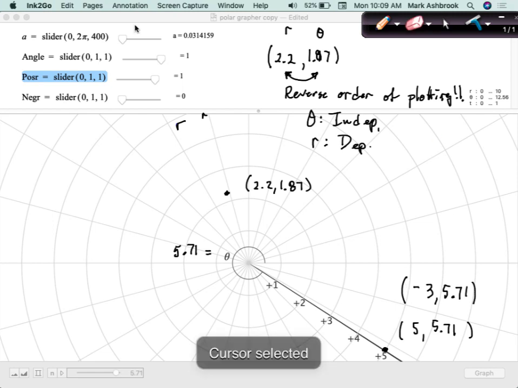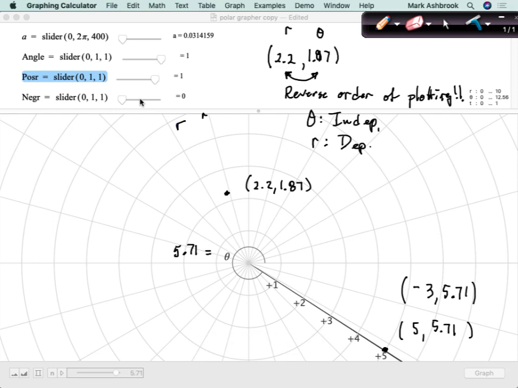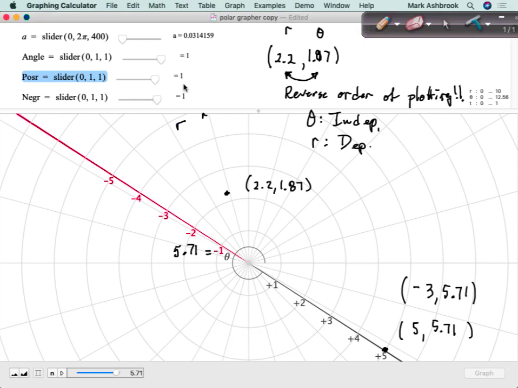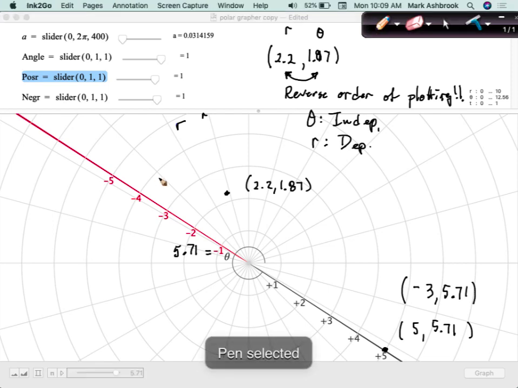Negative r would be, just like negative x is in the opposite direction of positive x, negative y is in the opposite direction of positive y, negative r is the opposite direction of positive r. So this point right here would be the point negative 3, 5.71.